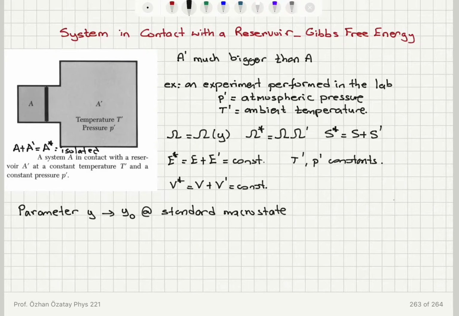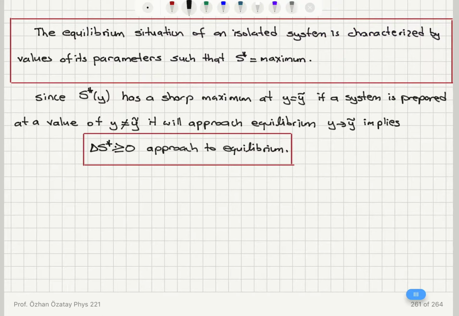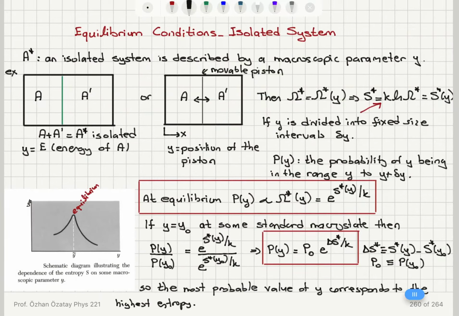and we can talk about the probability of y having a value y to y plus delta y as the probability of the standard macro state times the exponential of the change in entropy of the total system, delta S star, divided by k, as we have shown in our previous discussion for our study of equilibrium of an isolated system.